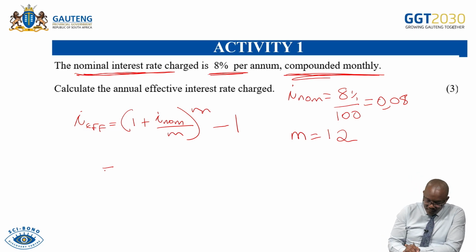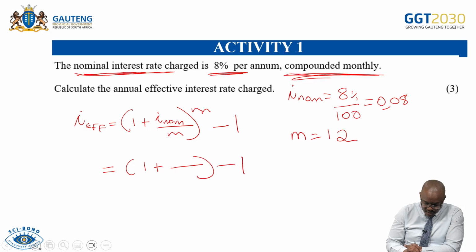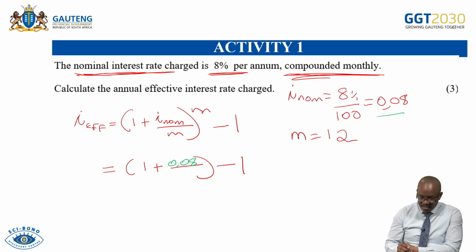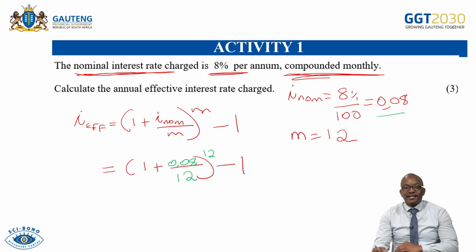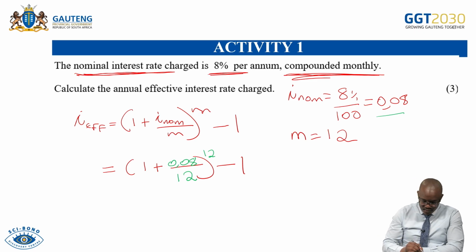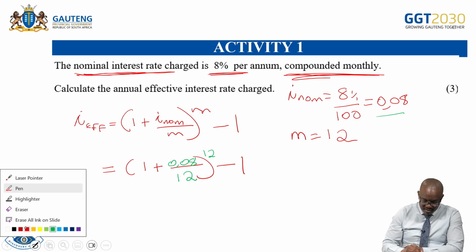Then from our formula, remember the substitution needs to be very accurate. So as we substitute, you substitute your I norm, which is 0.08, and our M, which is the different period, 12 because it's charged monthly. So that's how you do your substitution.